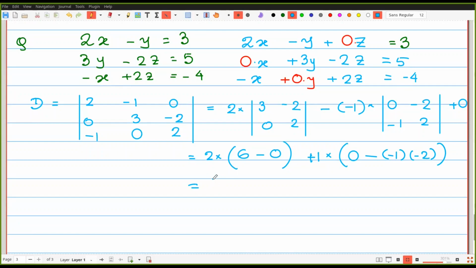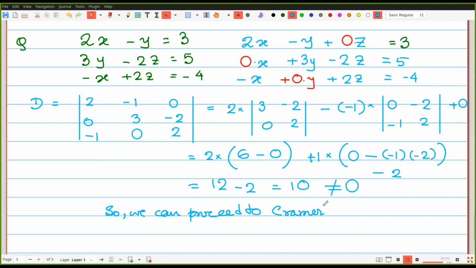So that means 12, and that one minus 2 into 1. So minus 2, that one is equal to 10, not equal to 0. So we can proceed. We can proceed to Cramer's.